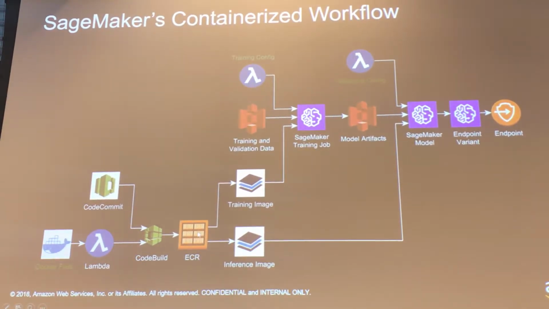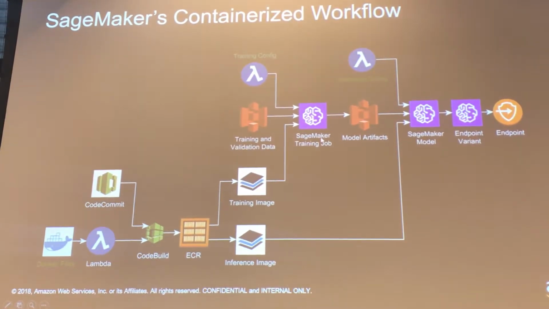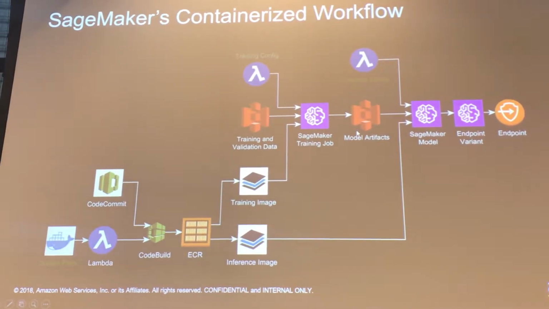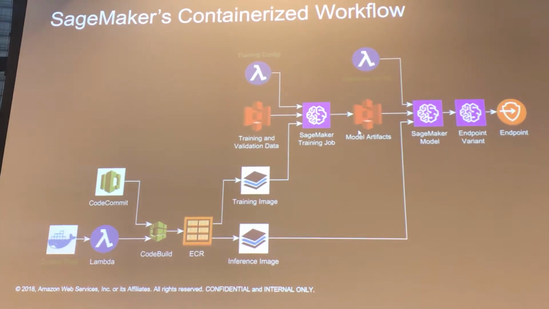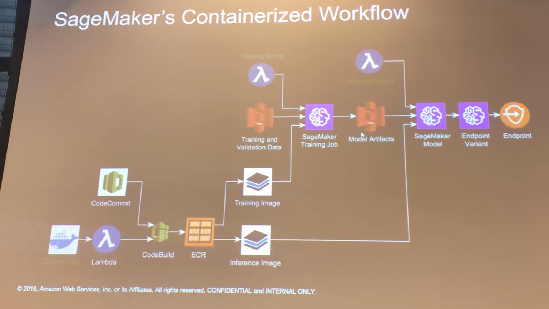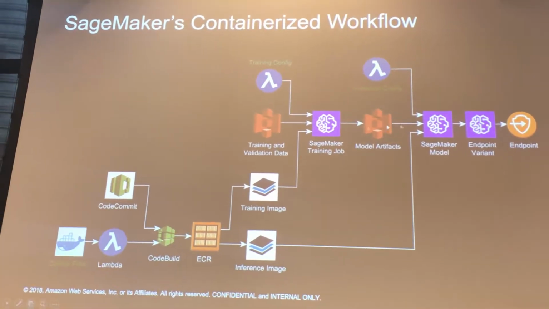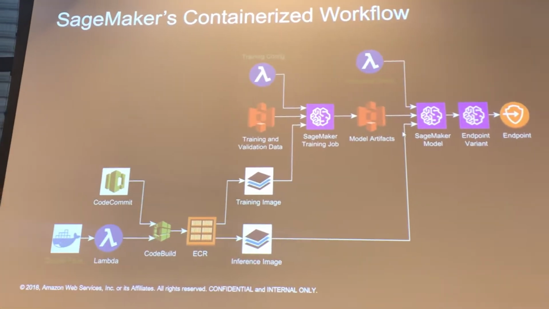It takes your training image and creates a new image with the SageMaker training job. That will then create what we call model artifacts. Why do we call it model artifacts? Because whether you're using TensorFlow, MXNet, PyTorch, or Keras, it all comes out in a different format. So rather than say what that format is, we just say model artifacts. Those model artifacts then need to be married with your inference image.